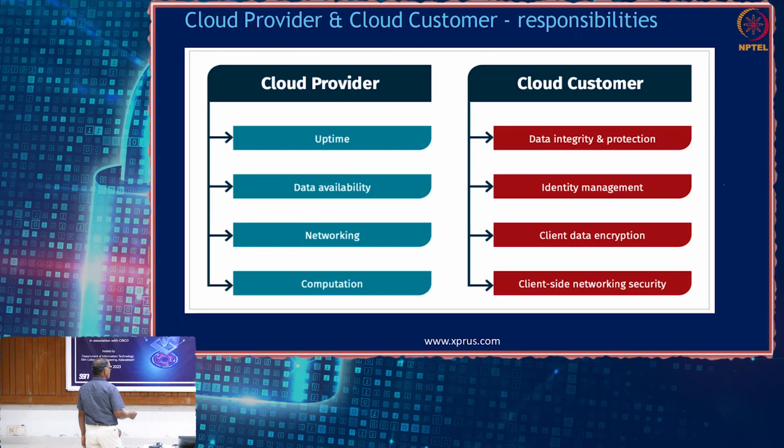We talked of shared responsibilities. So when you go with any cloud provider, what is it that the cloud provider gives you? Uptime, 99.99. If you talk of Amazon S3 storage, that has 11 nines of availability, 99.999999999% available, meaning that my data is available.